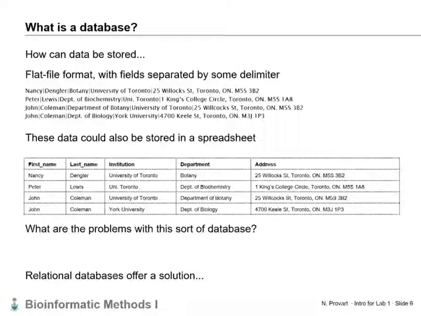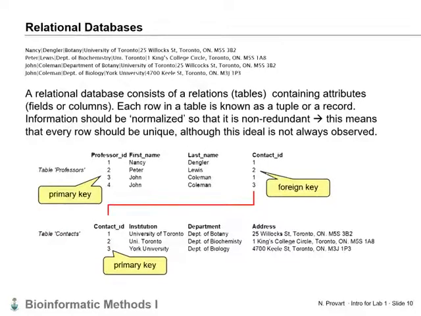So relational databases actually offer a solution, and they're commonly used in biology. What we've got is a series of tables or relations that contain attributes, which are fields or columns of the table, and each row in a table is known as a tuple or a record, and the information in these tables should be normalized so that it's non-redundant. We can do this in a couple of different ways.